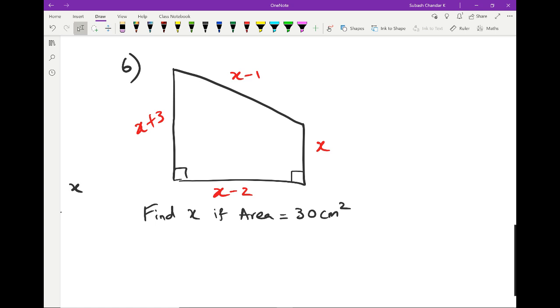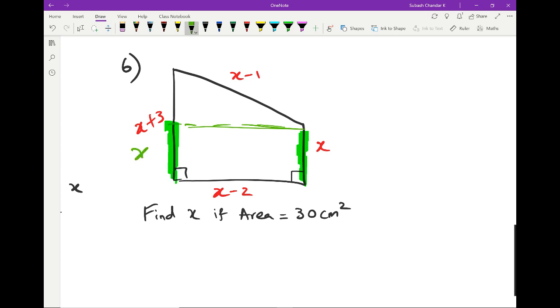So in this particular question we've got to split it up into a rectangle and a triangle. I'm going to split that up as a rectangle and a triangle. When I do that, you need to realize that on the left hand side, because this side here is x, this is also going to be x.